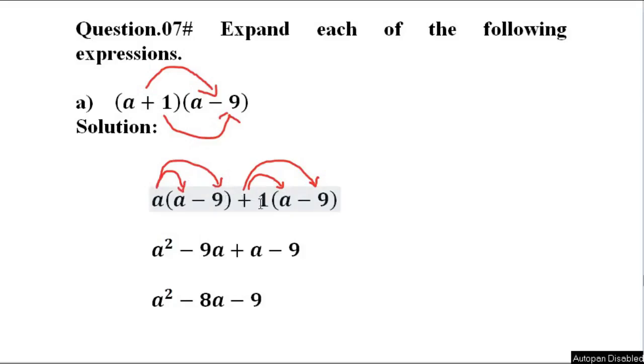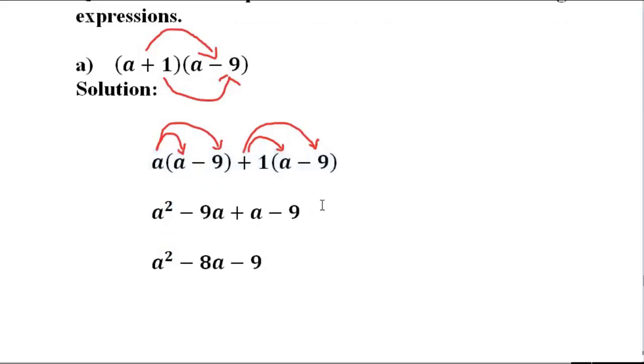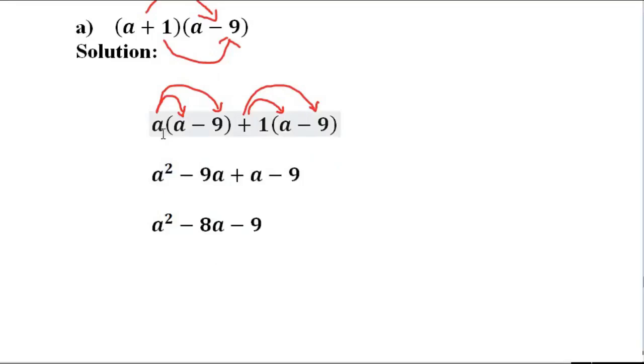And then we can distribute the positive 1 to the positive a and then to the negative 9. We have a times a is a squared, a times negative 9 is negative 9a. Positive 1 times a is positive a, and positive 1 times negative 9 is negative 9.